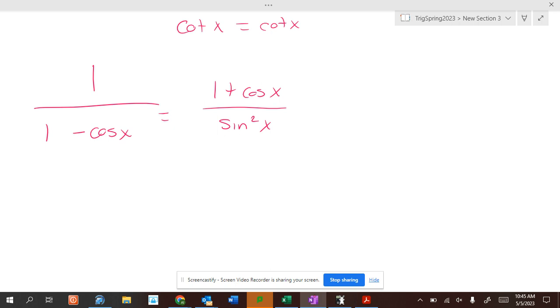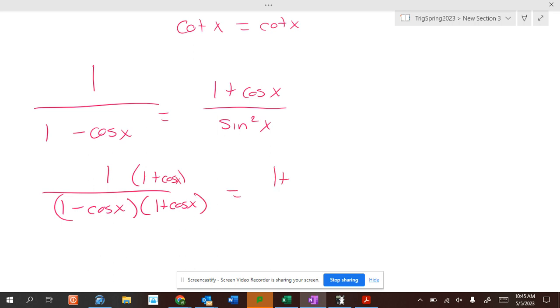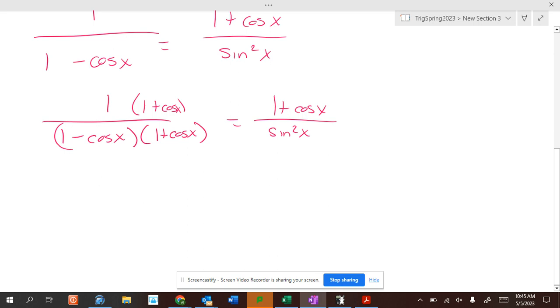Okay? So 1 over 1 minus cosine of x times 1 plus cosine of x on the top and bottom. So if we FOIL the denominator, they cancel, and it is 1 minus cosine squared of x.